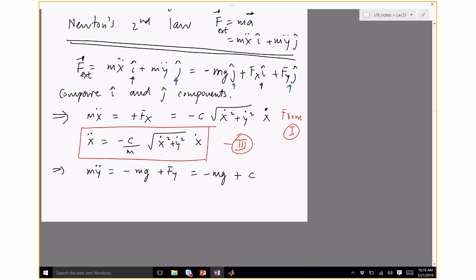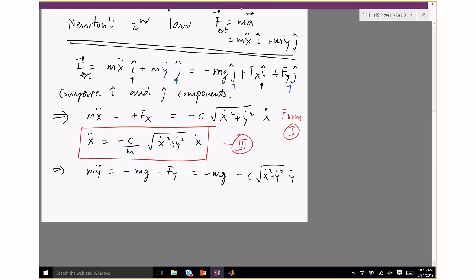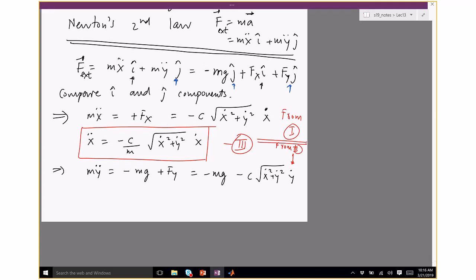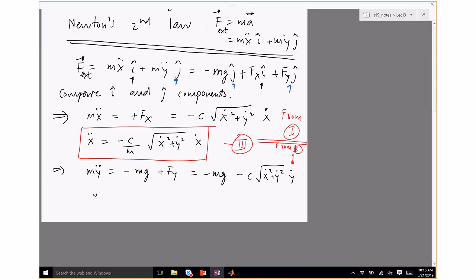So minus c times (x dot squared plus y dot squared) times y dot. That comes from 2. And so I'm going to simplify this a little bit. y double dot equals minus g minus c divided by m times (x dot squared plus y dot squared) times y dot.